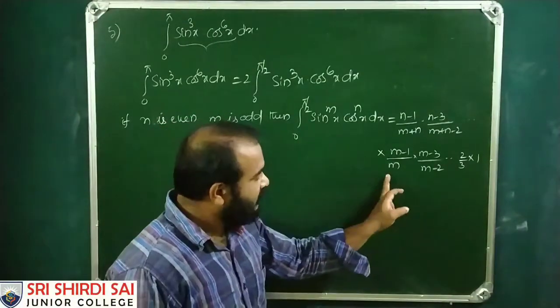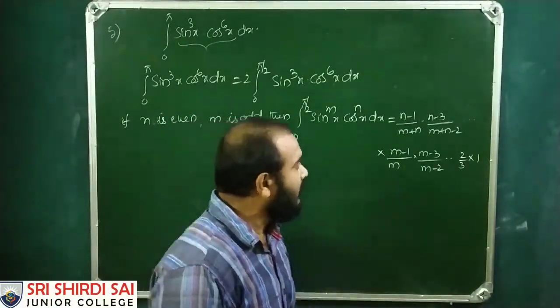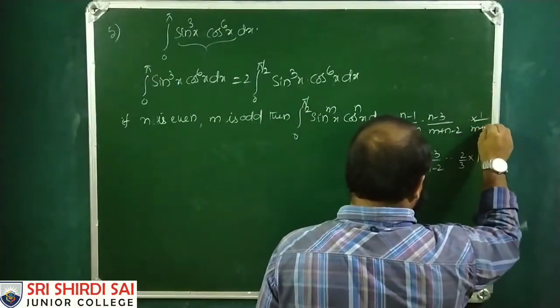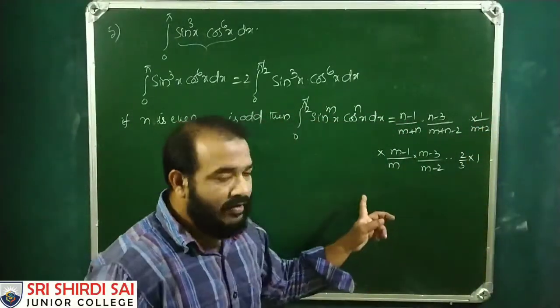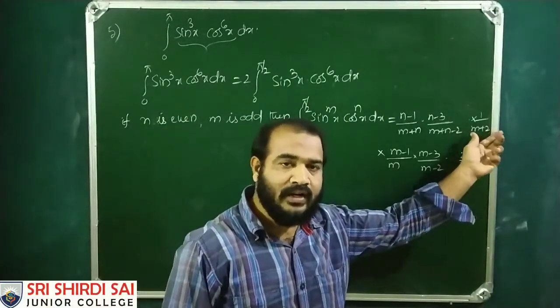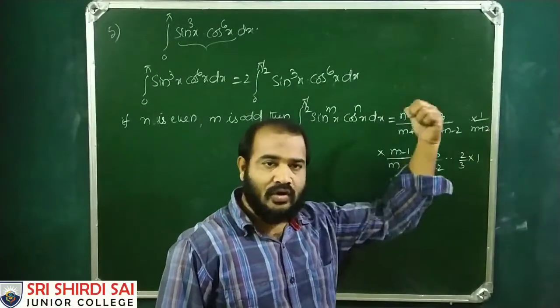So if you are interested to know the previous term of this, then it will be 1 by m plus 2. So I have been telling you not to remember this. Automatically we will get it in solving the problem.